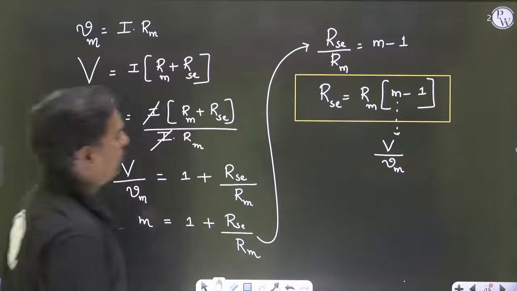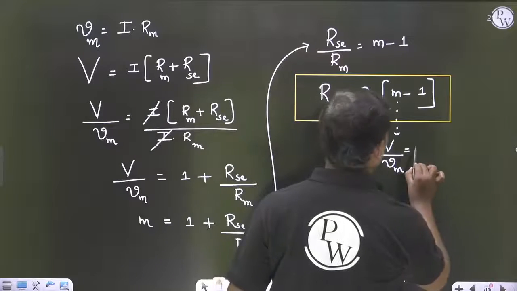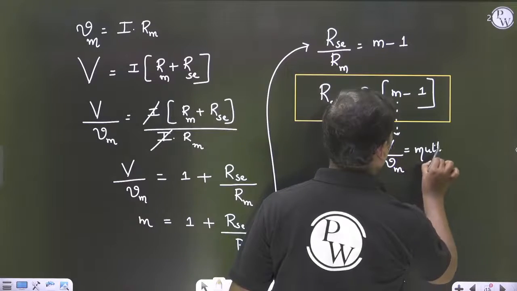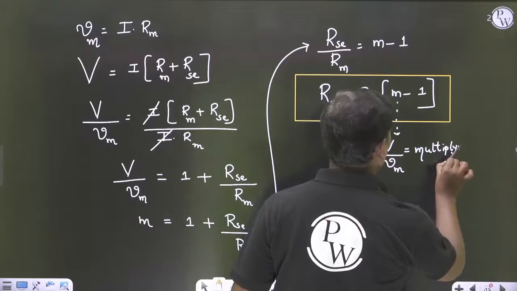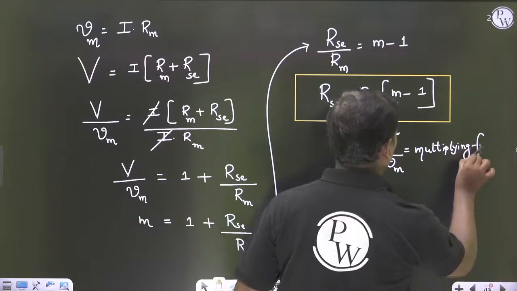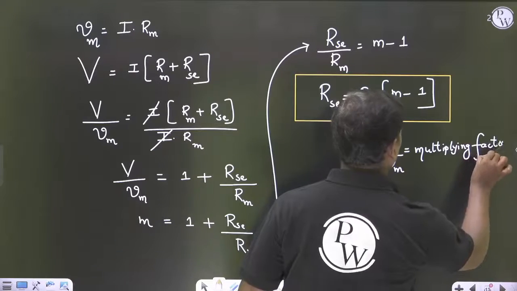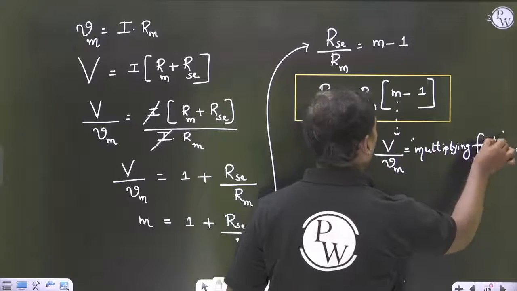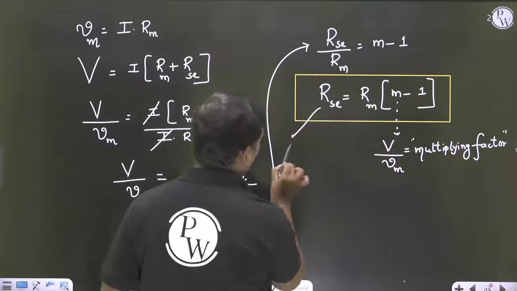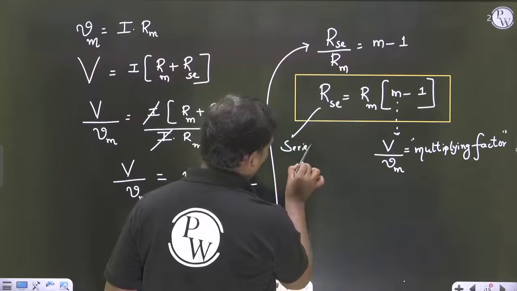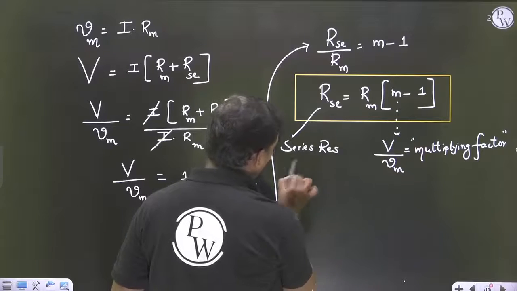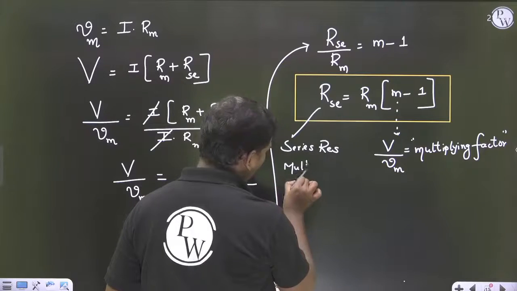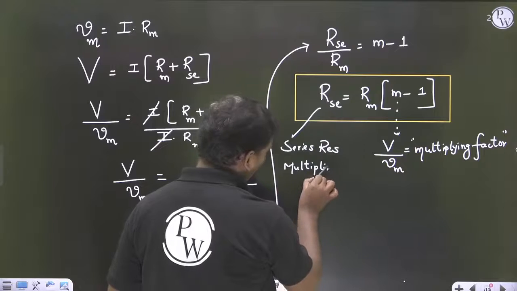So this is V by Vm, which we call the multiplying factor. So this series resistance to attach is what we call the multiplier resistance.